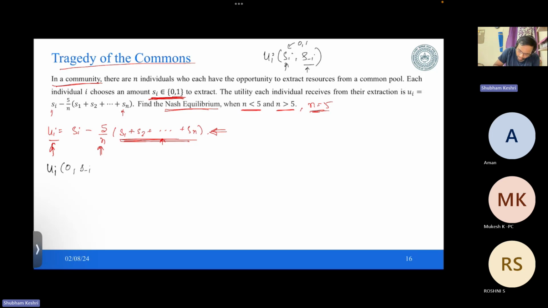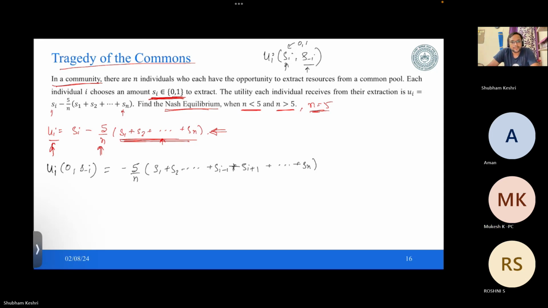All the other players are playing some strategy we don't know, but it is fixed, and player i is playing 0. So what will happen? It will be minus 5 by n times the sum s1, s2, ..., s_(i-1) plus s_(i+1) plus ... plus sn. Any doubt?